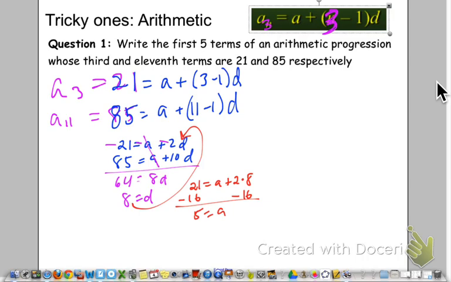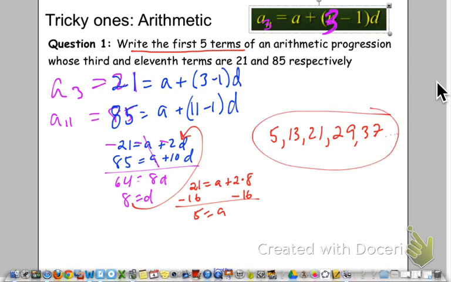So that means our first 5 terms, because that's what they said to do, are: my first term is 5, the common difference is 8, so 5 plus 8 is 13, plus 8 is 21, plus 8 is 29, plus 8 is 37. And there you go. Piece of cake.